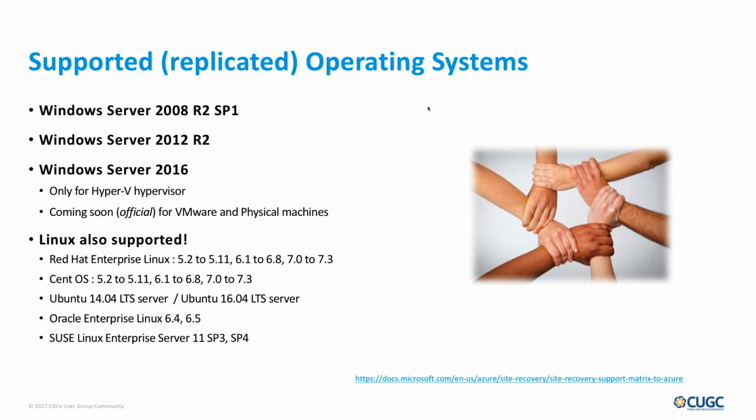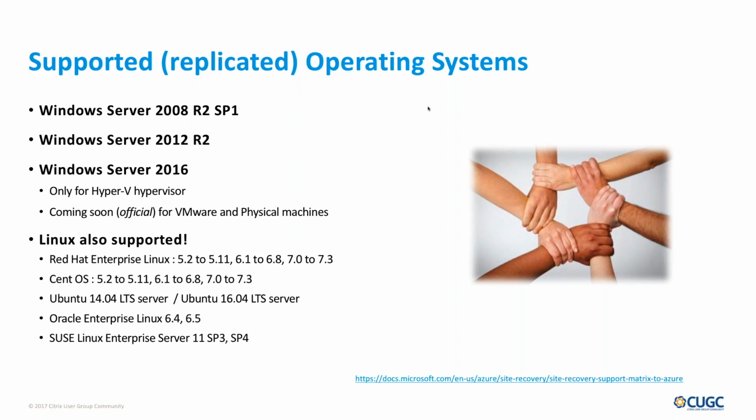So when you still have 2003, for example, Azure Site Recovery is not going to happen for you. You still need to migrate to 2008 R2. But I assure you that you can better choose to pick 2016 or 2012 R2, for example. 2012 R2 is supported.